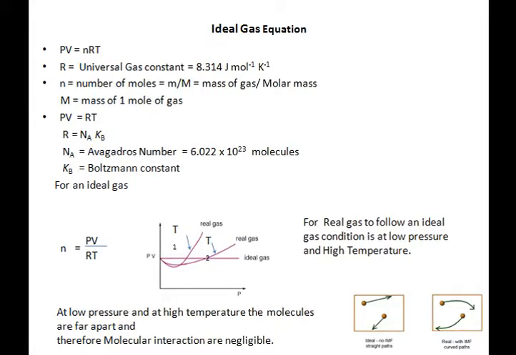We have written R is equal to Na into Kb, where Na is Avogadro's number and Kb is Boltzmann's constant.